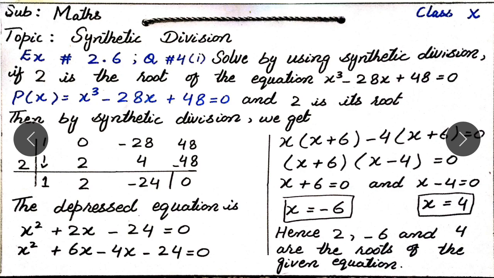If it is x4, it will be x3. If it is x3, it will be x2. Since it was a cubic polynomial, when it is divided, it is reduced by 1 degree. Now here we can write x square, where 1 is the coefficient, then 2x, then minus 24 as the constant term, and here we can write the remainder 0. Now this is our depressed equation. The cubic has been reduced into a quadratic equation or quadratic polynomial here.